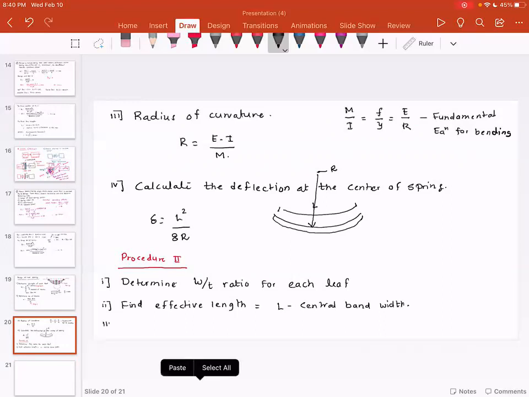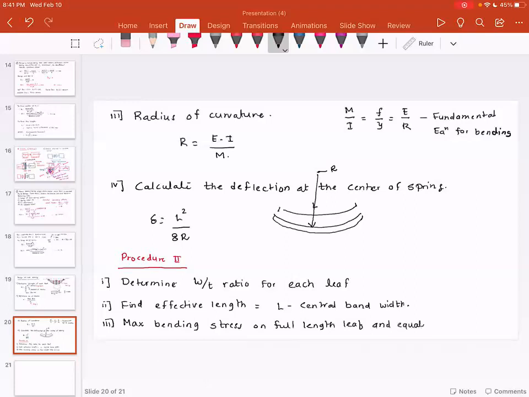Then what we do is we use maximum bending stress on the full length leaf and equate that to the safe bending stress. So we consider the max bending stress on full length leaf and equate it to safe stress.